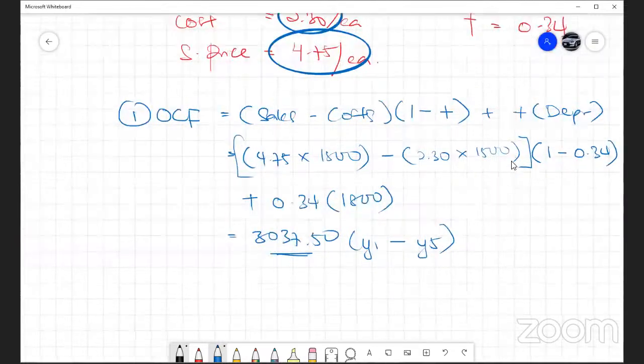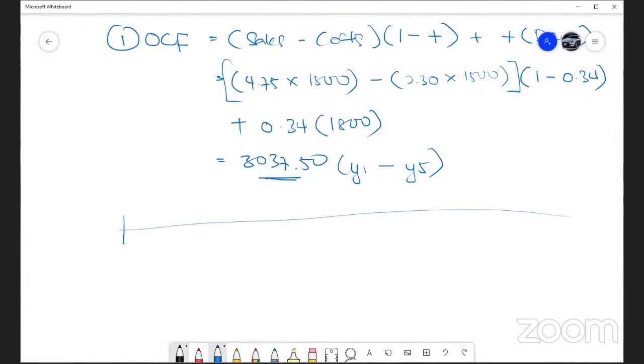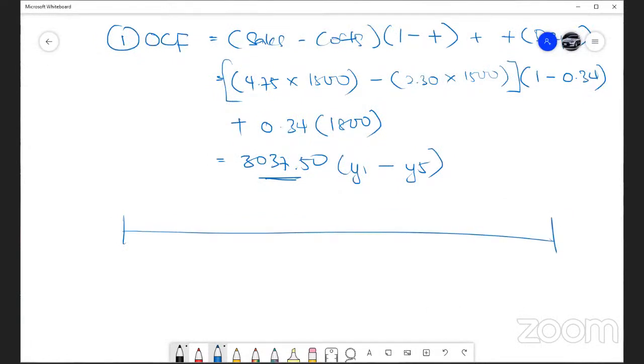If you put this into a timeline, 0, 1, 2, 3, 4, 5, these are the cash flows on a yearly basis.